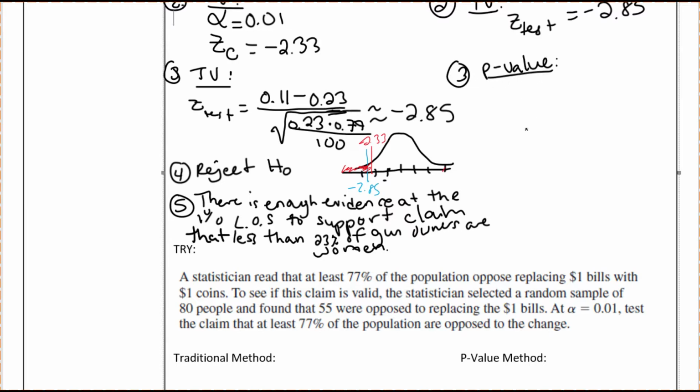We're going to quickly draw a curve. Since we are doing a left-tailed test, we only have one test value, not two. We label our test value negative 2.85, and we need to find the p-value, which is the area there for the left-tailed test. We'll look this up on the z-chart.